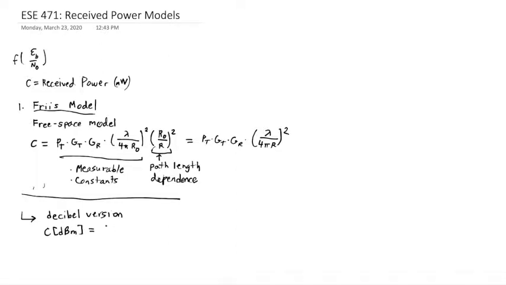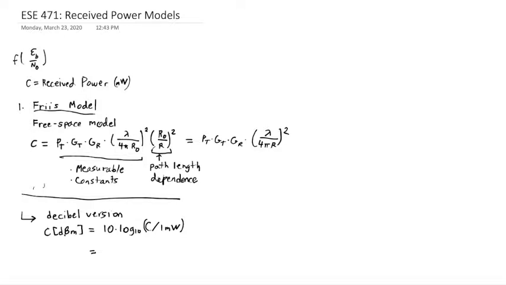So in dBm, it's 10 times log base 10 of the linear version. Implicitly, because I can't take the log of a value that has units, what I'm doing here is dividing C by 1 milliwatt in the denominator, and that gets rid of the units in C, and that's why I get the dBm.